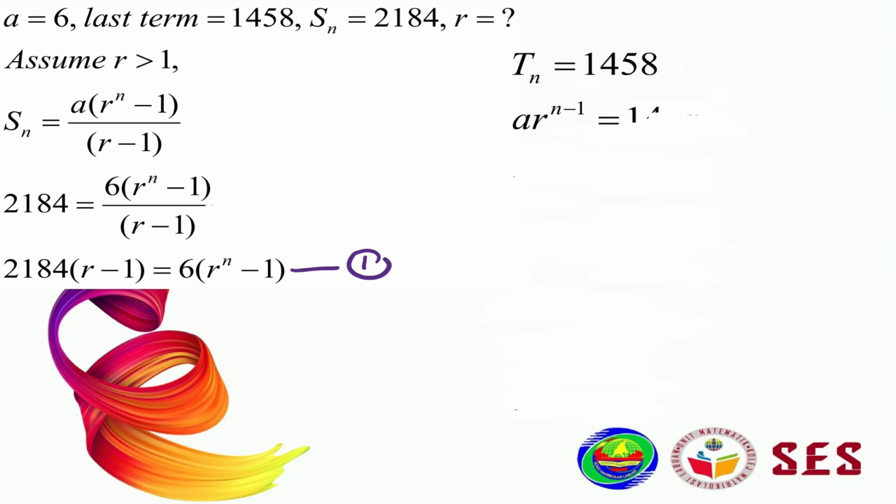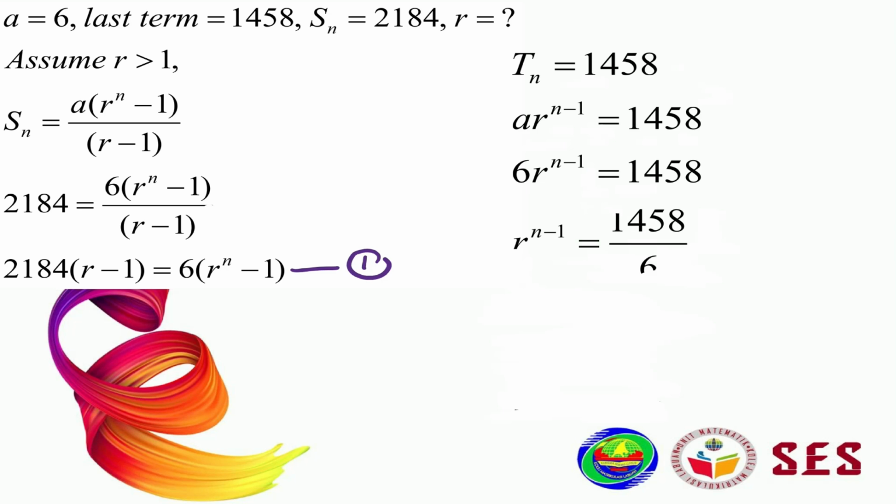So ar to the power of n minus 1 is equal to 1458. We need to rearrange the equation so that we can make it our second equation. So our second equation is r to the power of n equal to 243r.